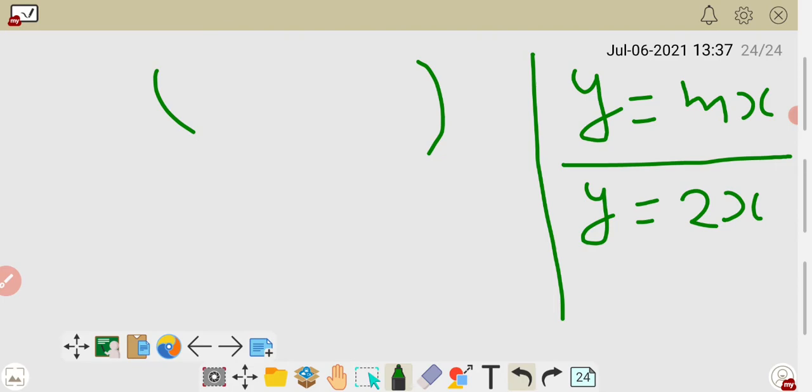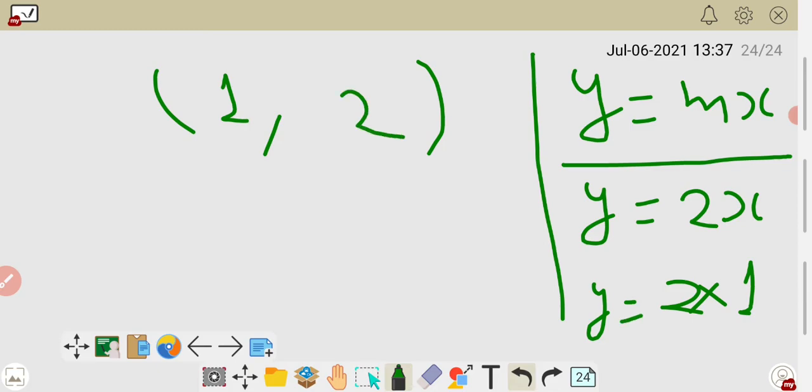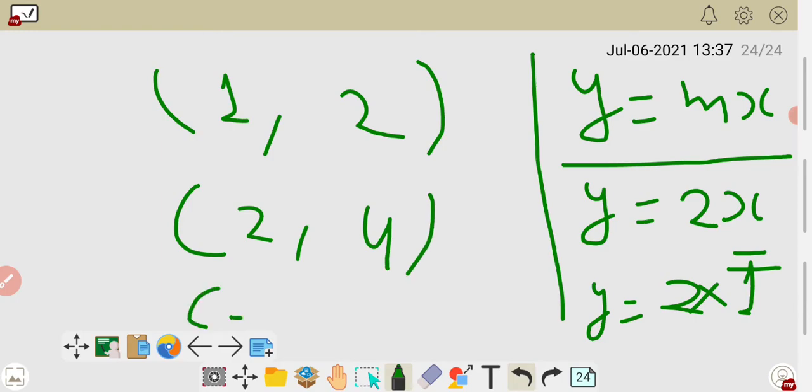Now if you take x equals 1, what will you get? In place of x if you put 1, y is equal to 2. If in place of x you put 2, you get y equals 4. And if in place of x you put -1, then y equals 2x gives -1 times 2, which is -2.